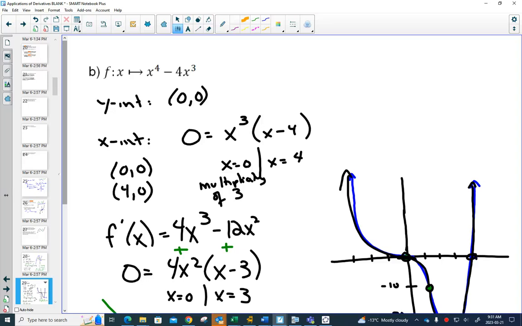And anytime you had a multiplicity bigger than 1 that was an odd number, in grade 12 pre-calculus, we talked about the graph having an x-intercept but bending at that x-intercept. Well, now we see in calculus that that bend is actually a stationary point of inflection.